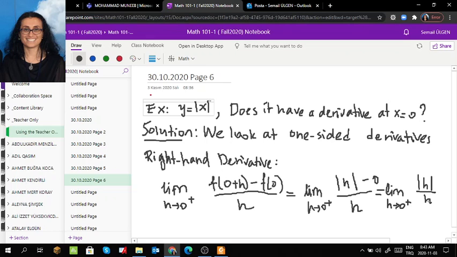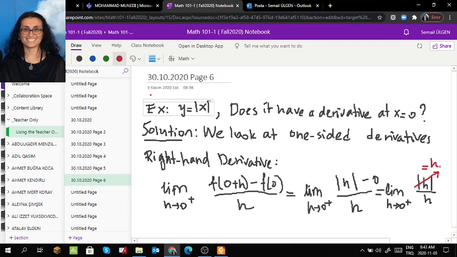What is this limit? As h approaches 0 from the right, the absolute value of h is h. So we get 1 as an answer. The absolute value of h is just h.